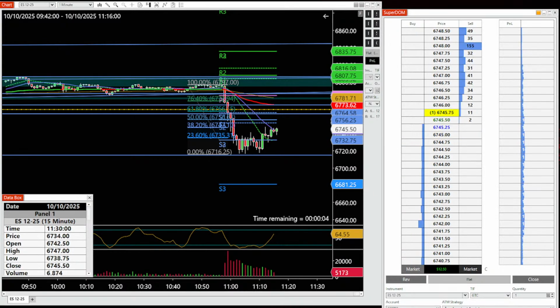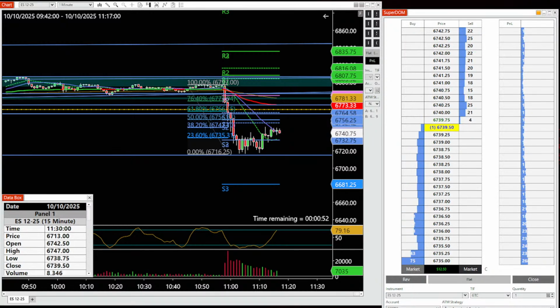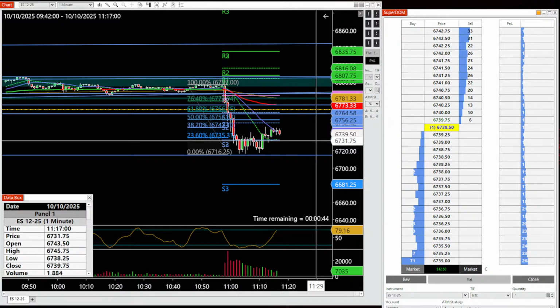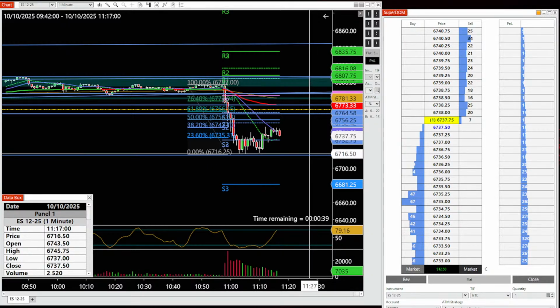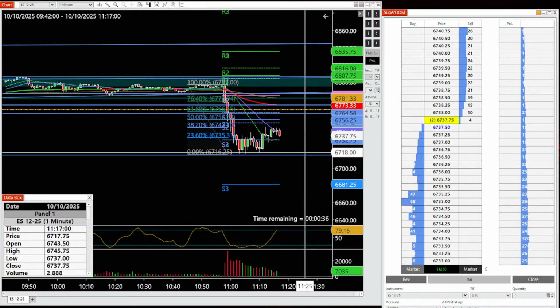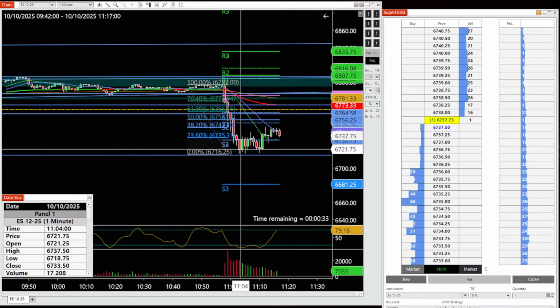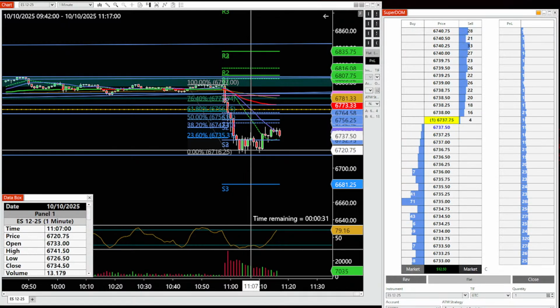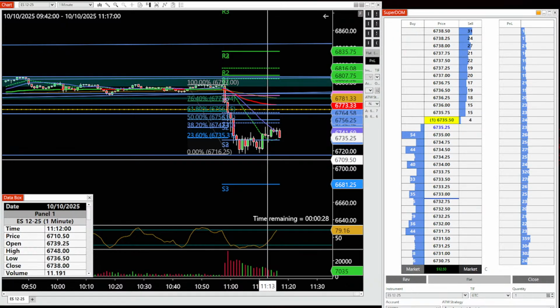Looks like it's gonna get run. Just be careful. Hit this double bottom at 16 and pop. Up, down, red, green, red, green, green, red, green, red, green.